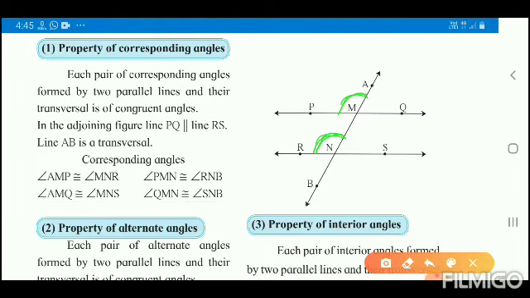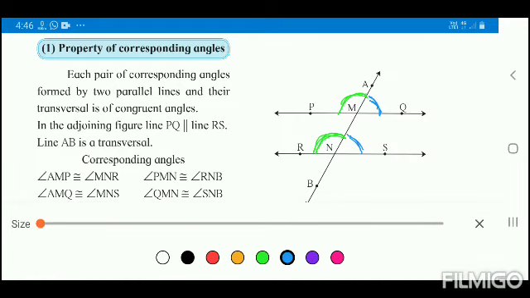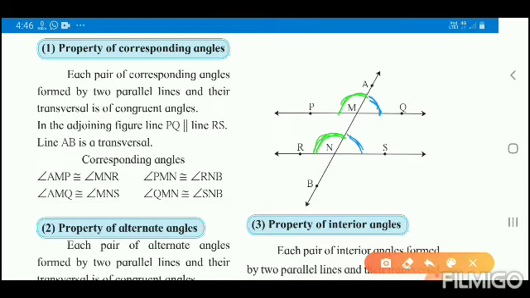Now next is angle AMQ, means this side's angle. It is congruent with angle MNS, means this angle. Okay. Now next they gave the angle PMN, means this angle.